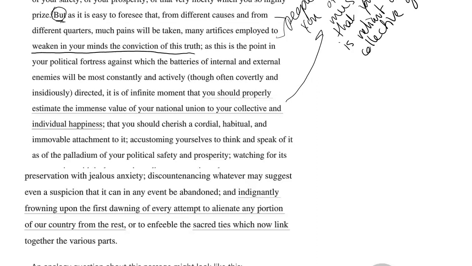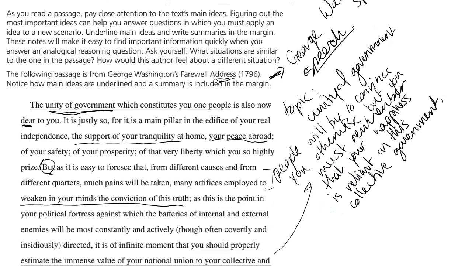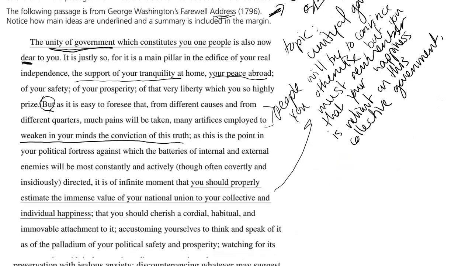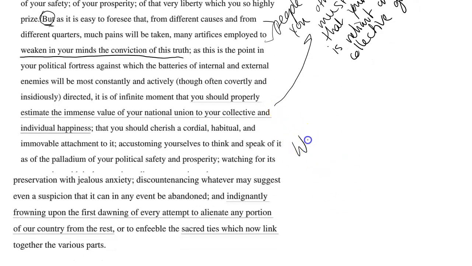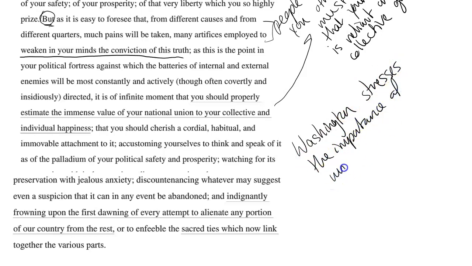And so overall, Washington is stressing the importance of unity. And we can see that from the beginning where he talks about the unity of government being dear to us, but people will try to convince us otherwise. Here's what you must remember. So let's go ahead and capture: Washington stresses in this speech the importance of unity.